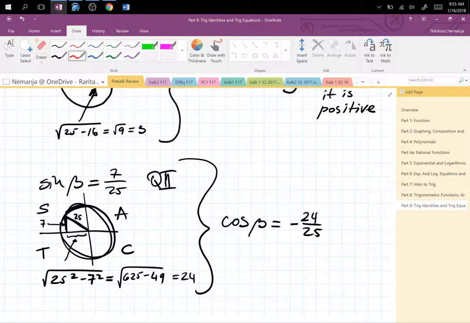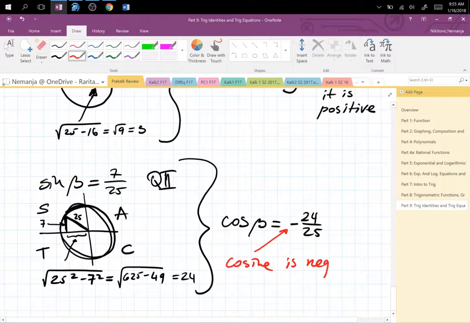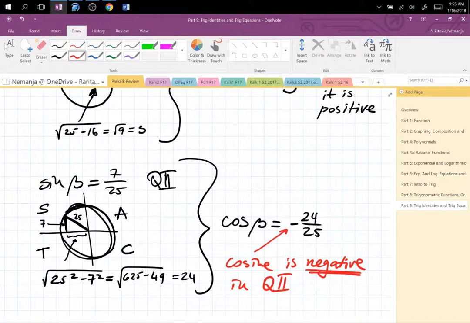Here, I'll write it in blood. Cosine is negative in quadrant 2. This is what we did on Friday. All students take calculus, the quadrants in which these guys are positive, negative, and so on. All are positive. Sine is only positive. That means cosine will be negative. And we are calculating cosine beta in the second quadrant. Since cosine is negative, you have to put negative 24 over 25.